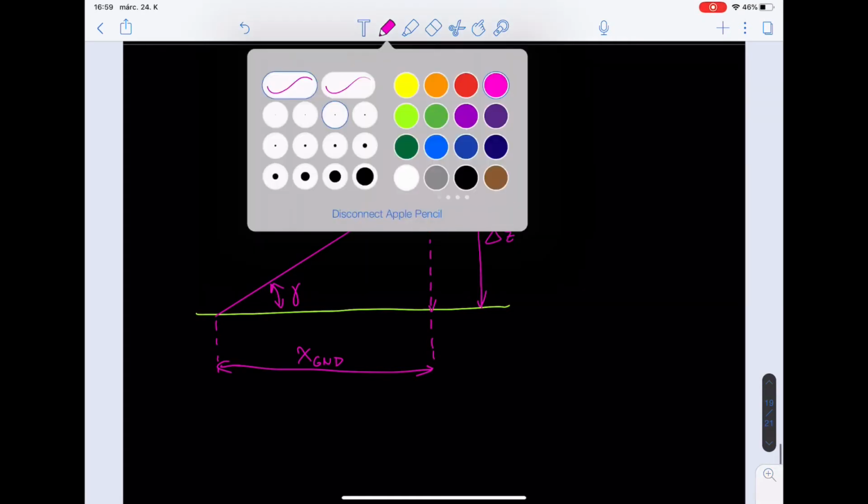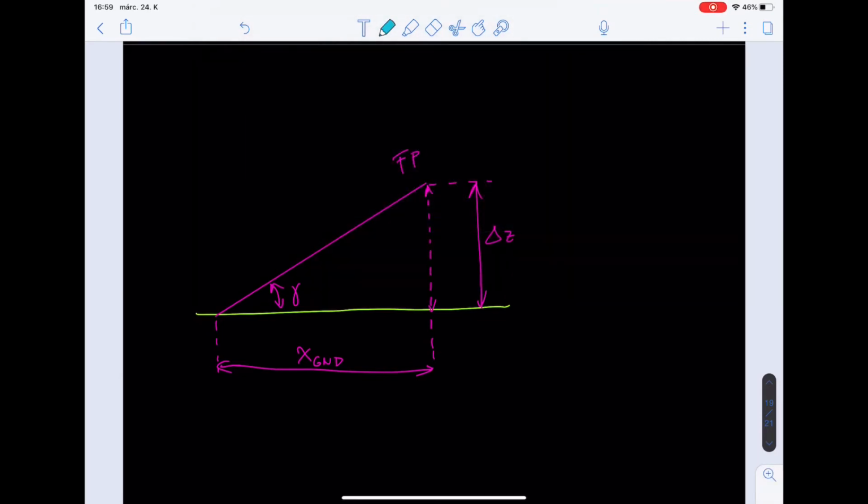Okay, so how do you guys presume the gamma, so the angle of climb, will change if you have a headwind? So headwind means that you're moving from left to right in this case, because your aircraft is flying like this, it's pointing in this direction, and the headwind would come from this direction.